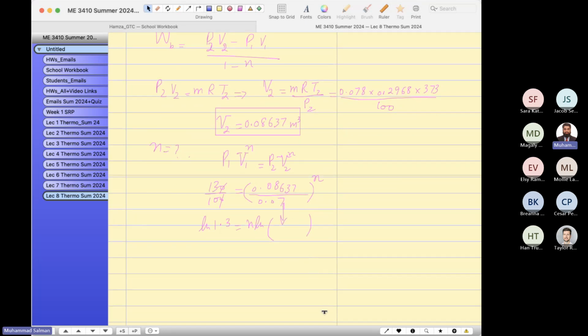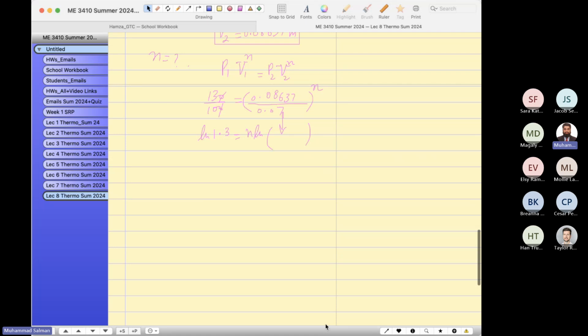So let me show you what is ln of 1.3, 0.26, and ln of 0.08637 divided by 0.07.